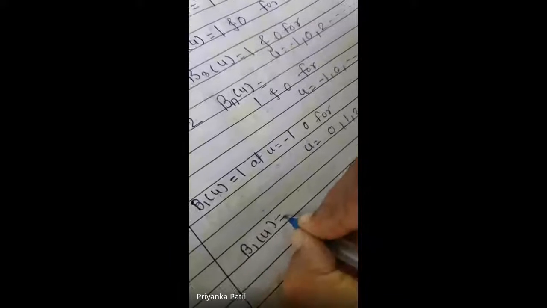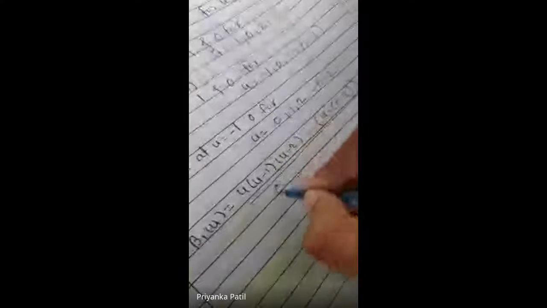So next, to get b1 of u, which is equal to 1 at u is equal to -1 and 0 for u is equal to 0, 1, 2 up to n minus 2, we can give the generalized expression for b1 of u as u in bracket u minus 1, u minus 2 up to u minus n minus 2 divided by -1 minus 2 up to 1 minus n, where the denominator term is a constant used in the general form of the nth blending function, which is the one at u is equal to i minus 2, or 0 for another integer value.